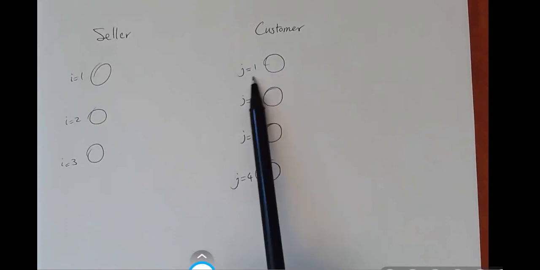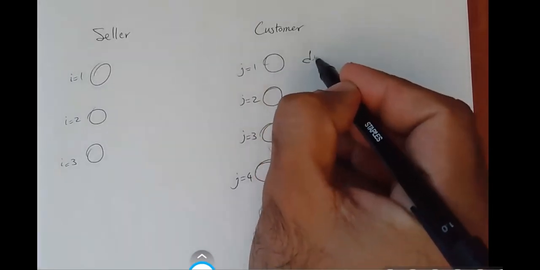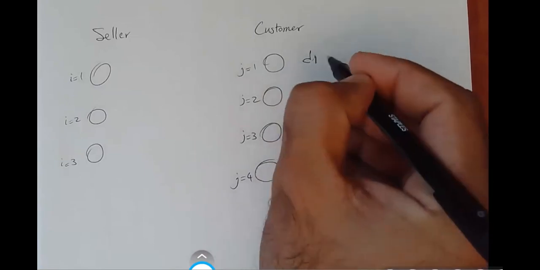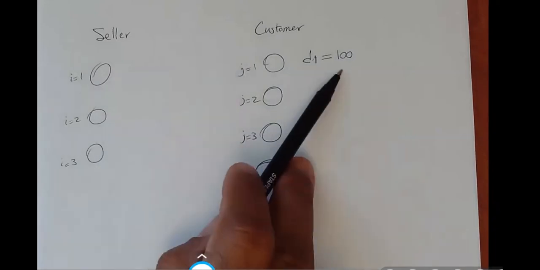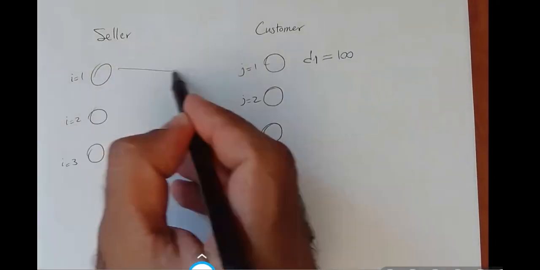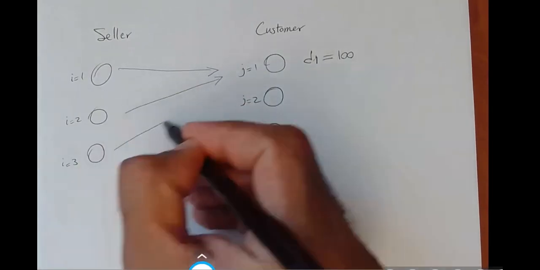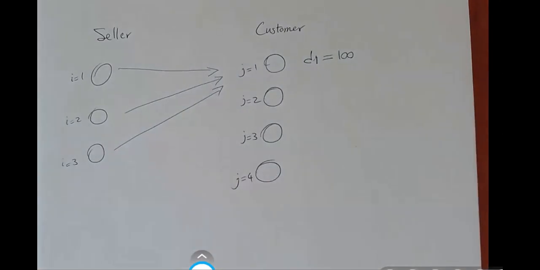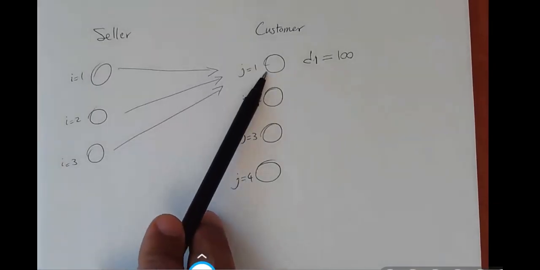These 100 units can come from seller 1, can come from seller 2, or seller 3. So we have 3 transportation paths or 3 routes in order to satisfy the demand of customer 1.